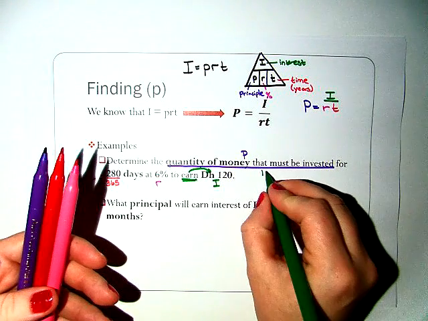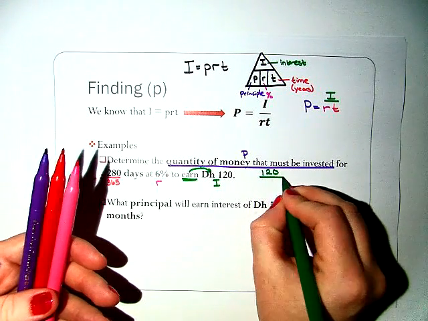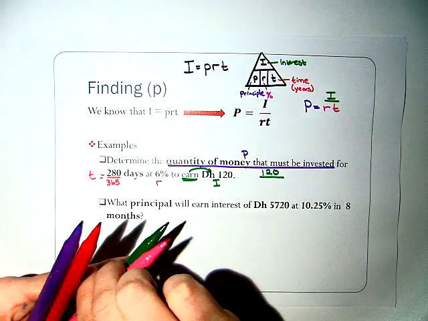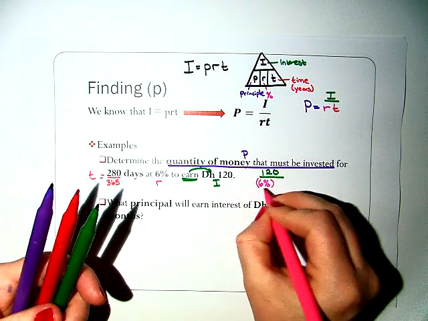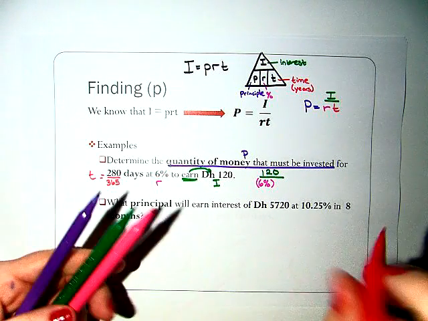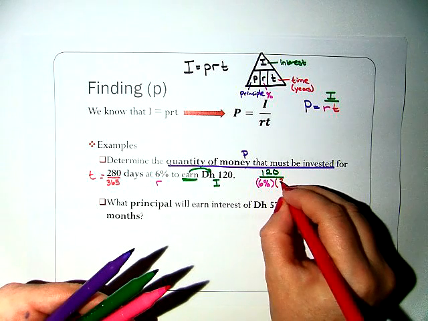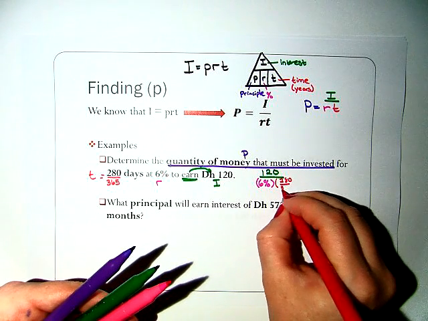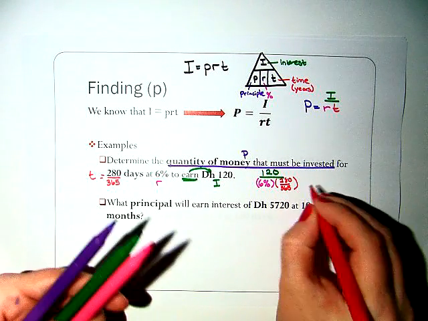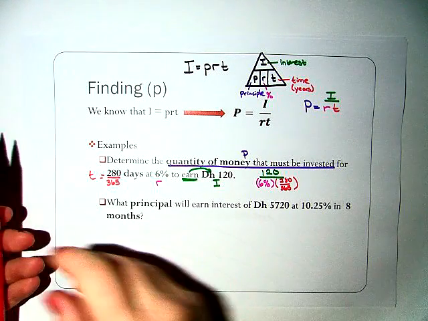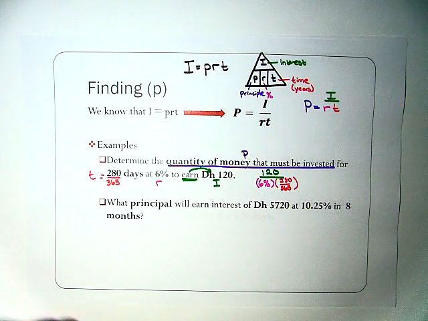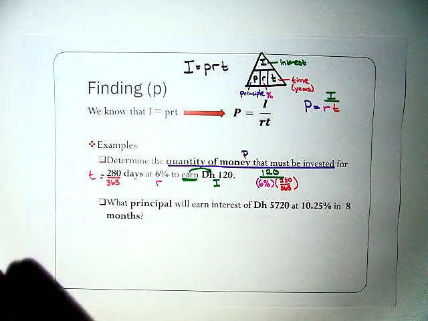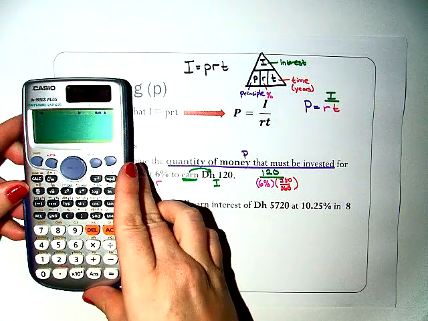So 120 divided by my rate, which is 6%, times 280 over 365. Now this is actually why we're so careful about using the fraction button on our calculator, because if you were to round and approximate the decimal, you might not get the right answer.